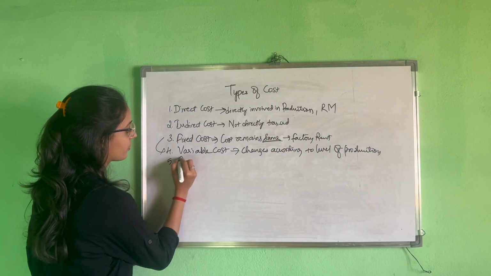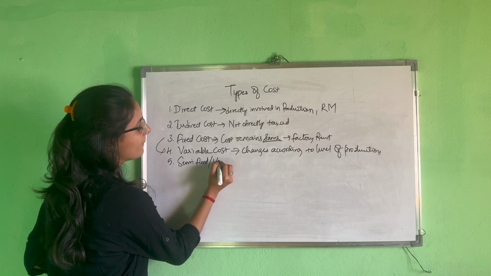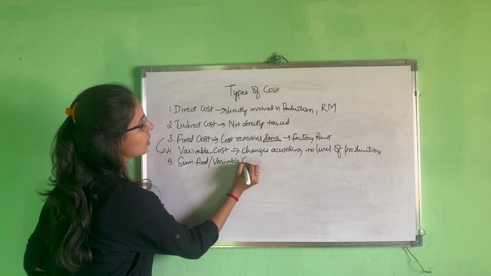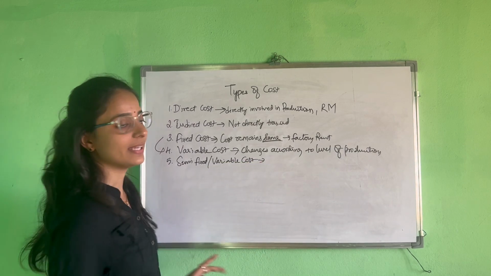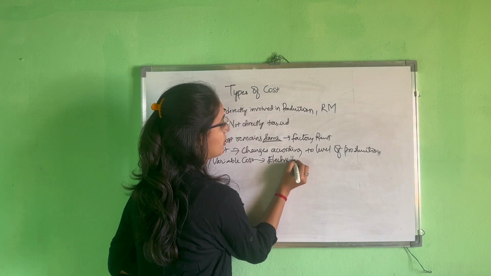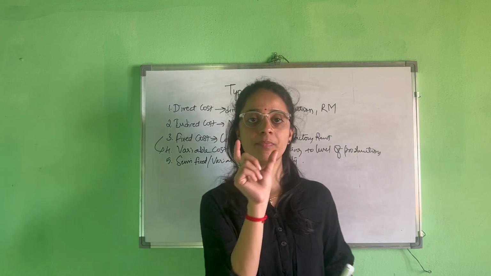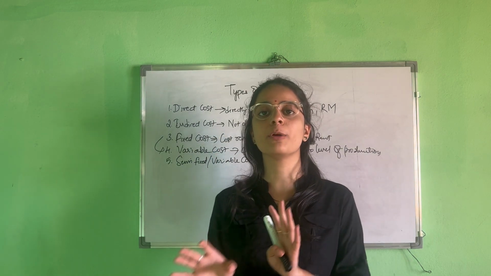Next comes semi-fixed or semi-variable cost. And the best example here is nothing but electricity. Correct? Electricity, just assume that some 50 rupees is fixed.